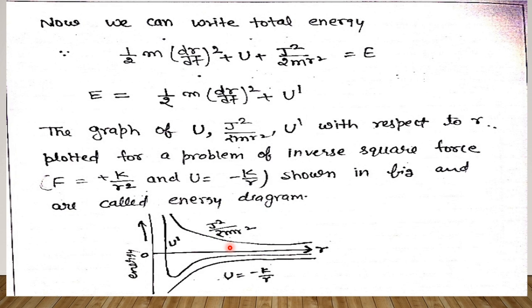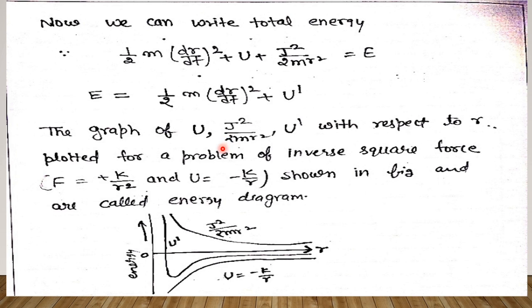From this it is noted that kinetic energy is always positive. In addition, the centrifugal energy J²/2mr² is also positive, whereas potential energy can be positive and negative also. Hence we can say that the effective potential energy U' = U + J²/2mr² can be positive or negative.